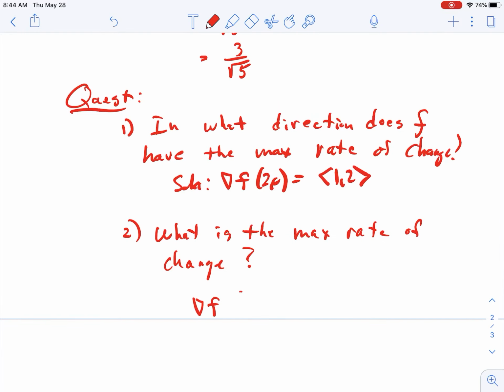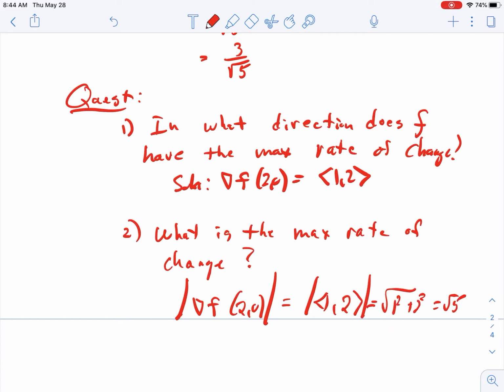What piece is that? Well, that would be the magnitude of the gradient of f at (2, 0). So what's the magnitude of (1, 2)? That would be 1 squared plus 2 squared, so it would be root 5.